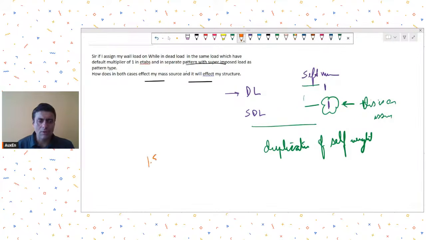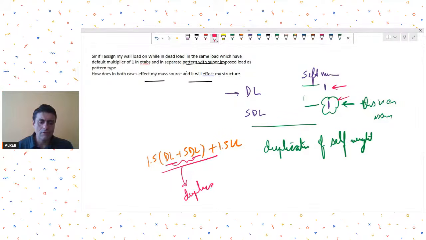Just as an example, when you create a load combination where this dead load and this superimposed dead load both have self-weight multiplier assigned as 1, there is a duplication of self-weights. This should be avoided. This is not correct.